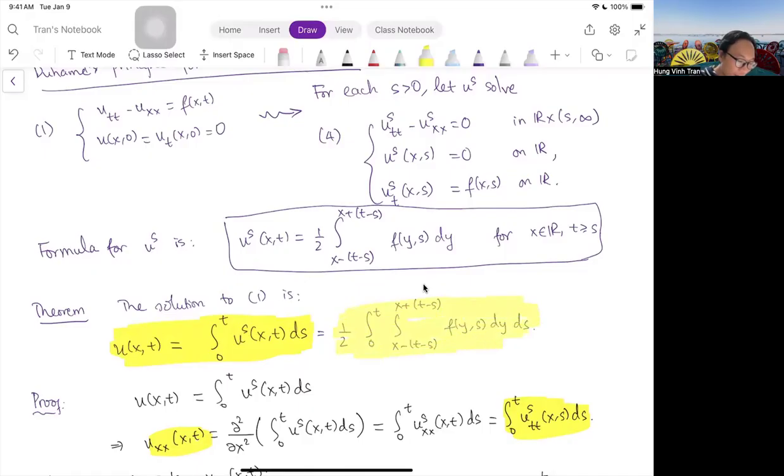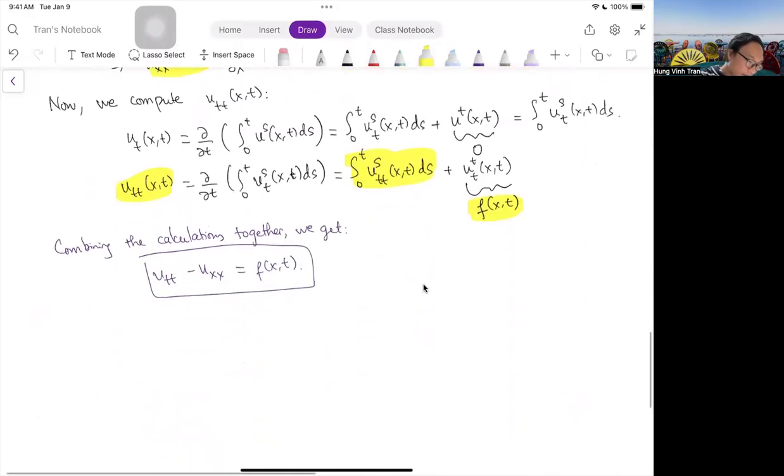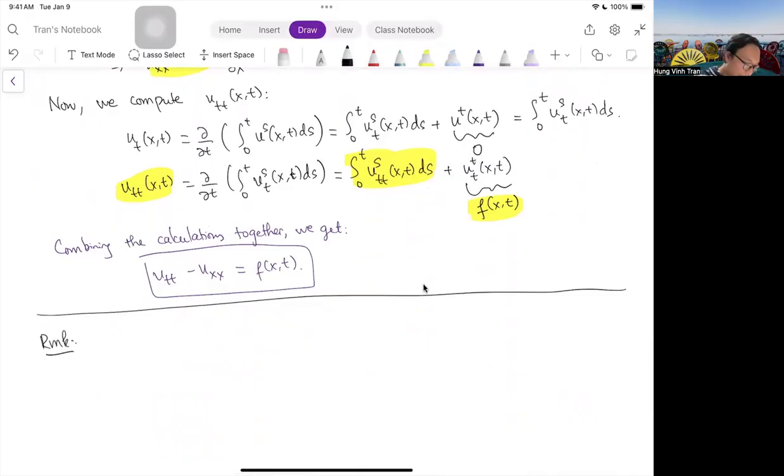So let me conclude by drawing what this formula means in terms of a figure. So let me make a remark to conclude. What's the formula? I have u(x,t) equals 1/2 the integral from 0 to t, integral from x minus (t minus s) to x plus (t minus s), f(y,s) dy ds.